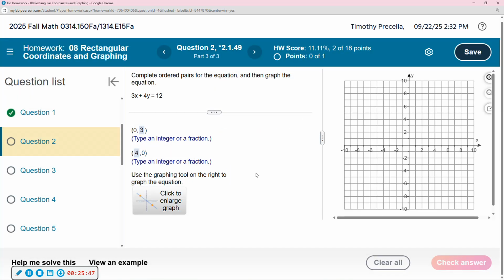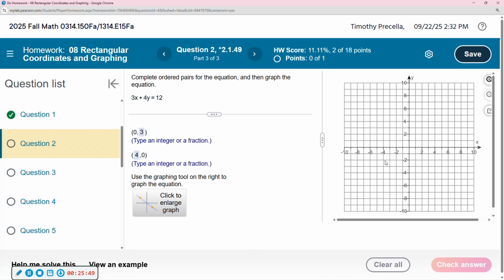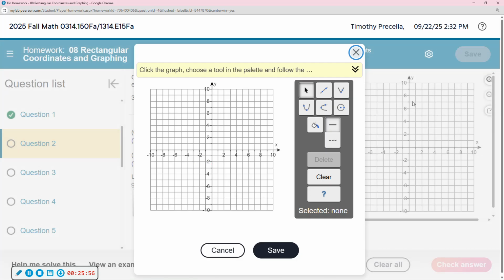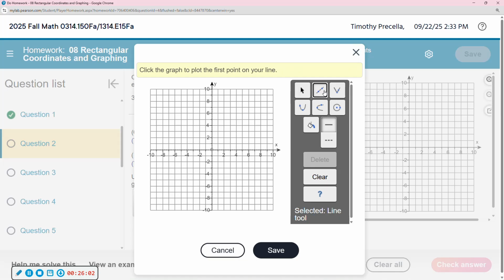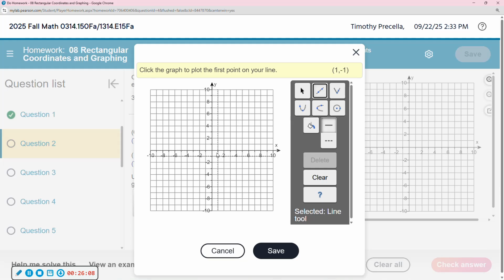How do we use the tool? You've got to click, because right here you don't see the tool. So click to enlarge it. It's a line that we're graphing. What was that first point? 0, 3. So over 0, up 3. Right there, I click it.